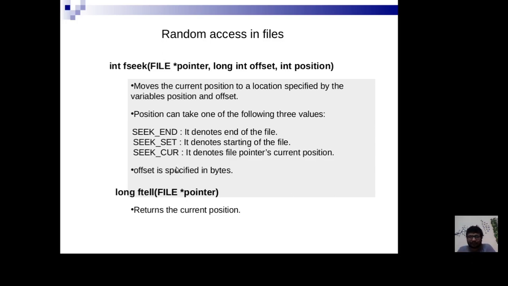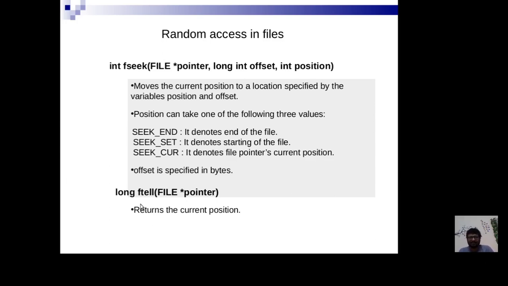And the offset is specified in bytes. So for instance, you can say some file pointer fp, then in the position you can write SEEK_SET, and in the offset you can write 2. That means the current position will be updated to the second position of the file, and so on.